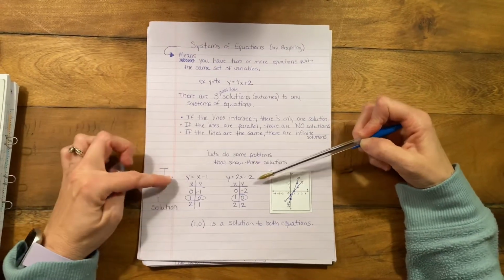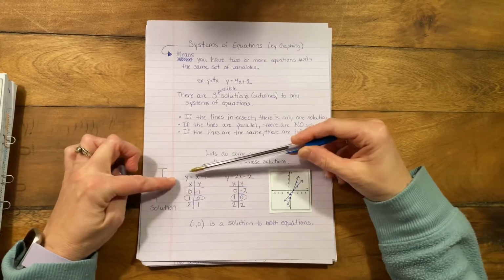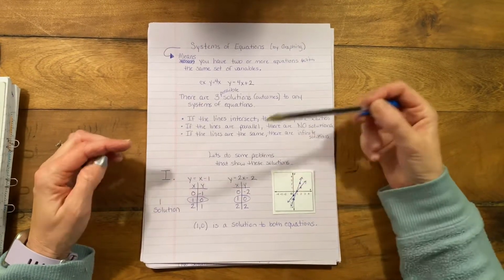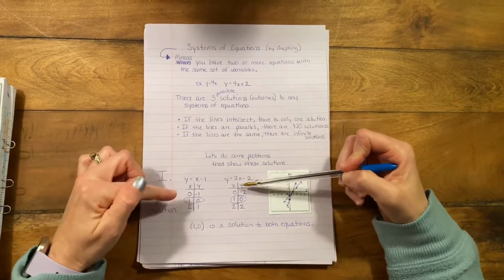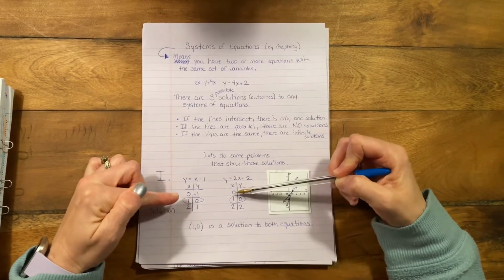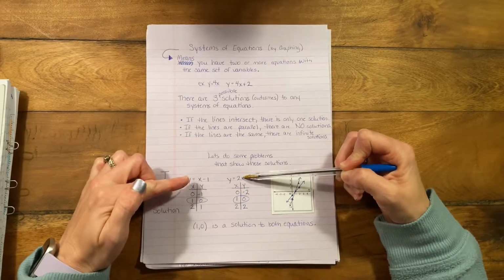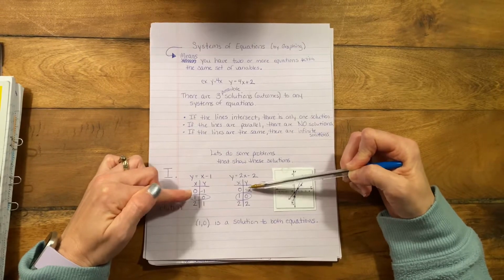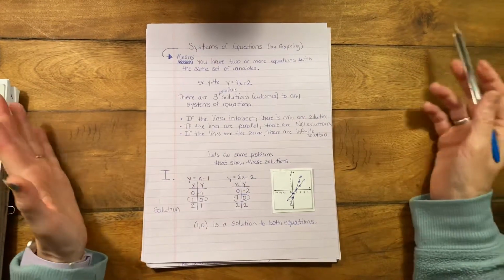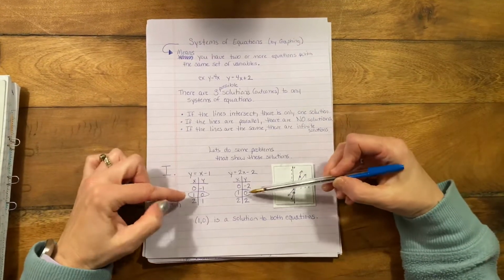In this first example, with my y equals x minus 1 and y equals 2x minus 2, I used the substitution method, and I chose numbers to plug in for the x, which gave me my y. And as I worked 3 for each, this is not a magic number, but I just like to do 3.